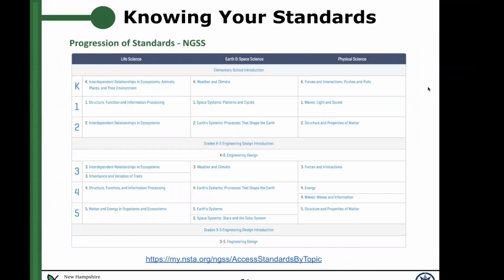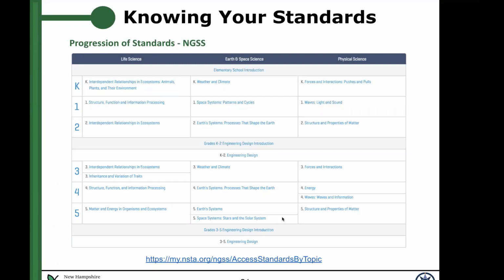So this is the progression of standards for the Next Generation Science Standards. So you can see here, this is a little bit of what I'm talking about, where you have the K, and then here's all of your topic areas for kindergarten, first grade, second grade, but again, also looking at 3rd, 4th, and 5th for what you are doing.